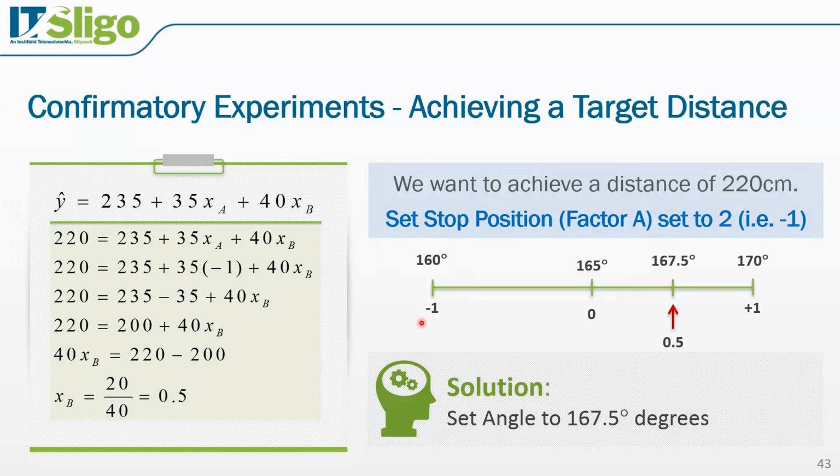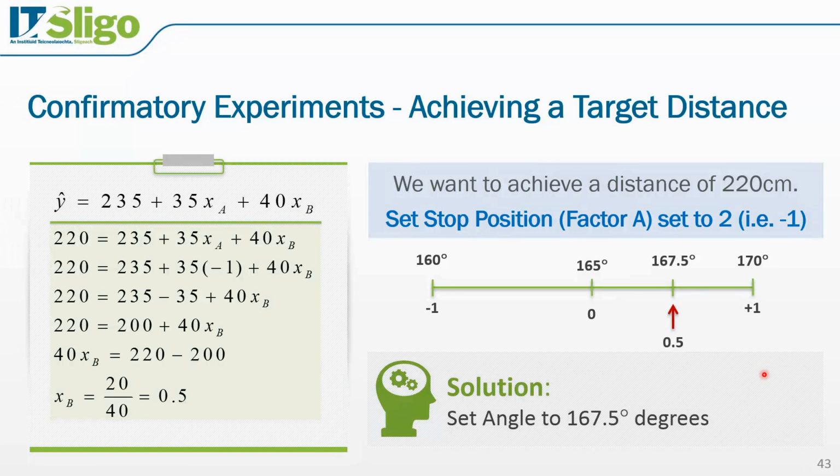But bearing in mind that the -1 referred to an angle of 160 degrees, and the +1 referred to an angle of 170, the 0 position on a number scale would be 165, and the 0.5 position would be 167.5 degrees. Therefore, in order for us to achieve a target distance of 220 centimeters, we should set the start angle to 167.5 degrees and the stop position to position 2.